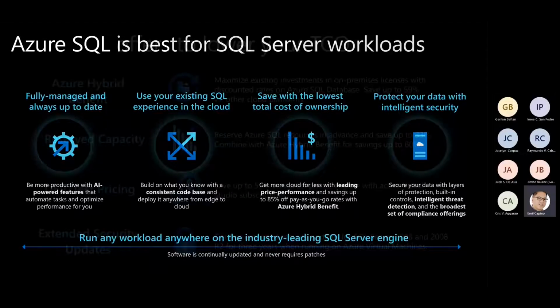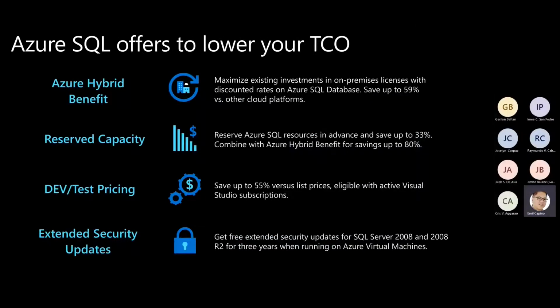So for example, Azure SQL has several offers that you can use to help you lower your total cost of ownership. Number one, you have the Azure Hybrid Benefit. This benefit allows you to leverage your existing on-premise licenses.